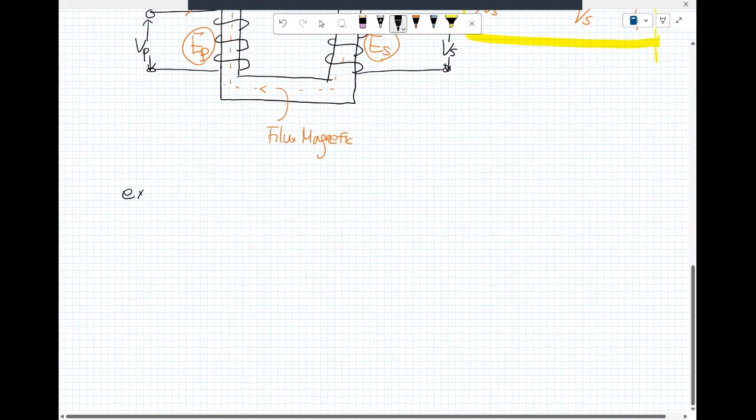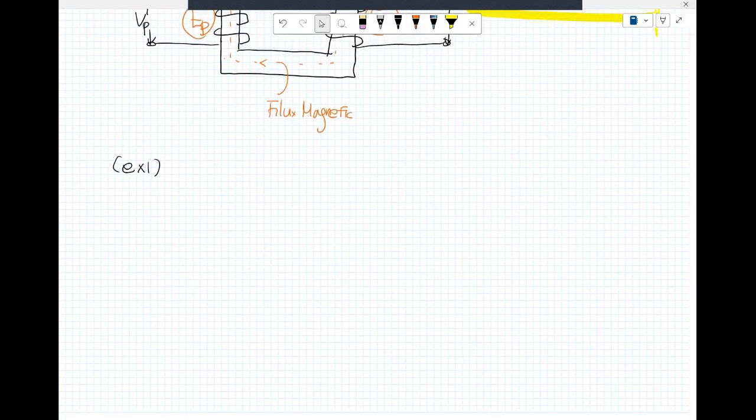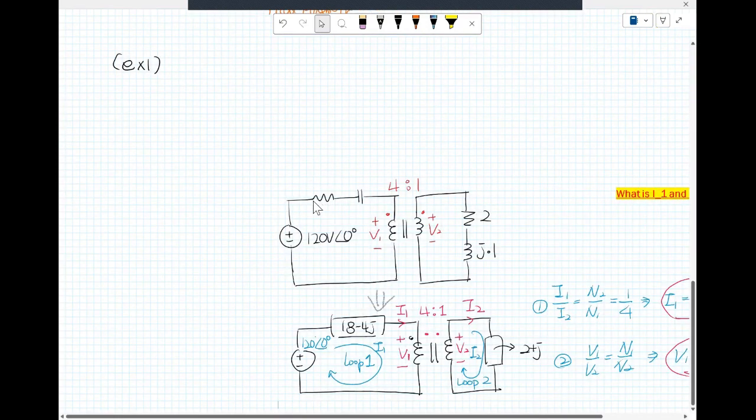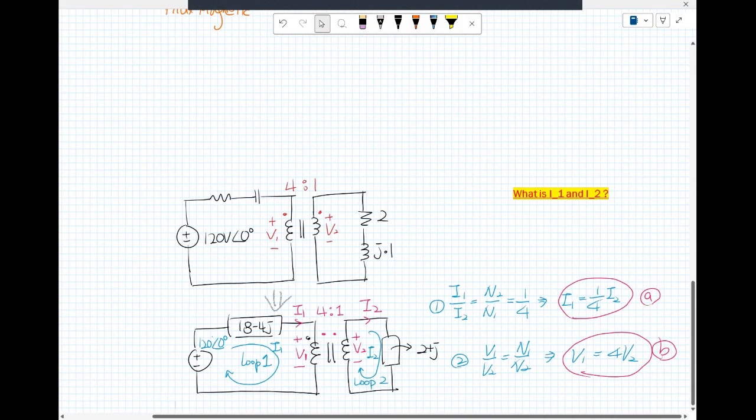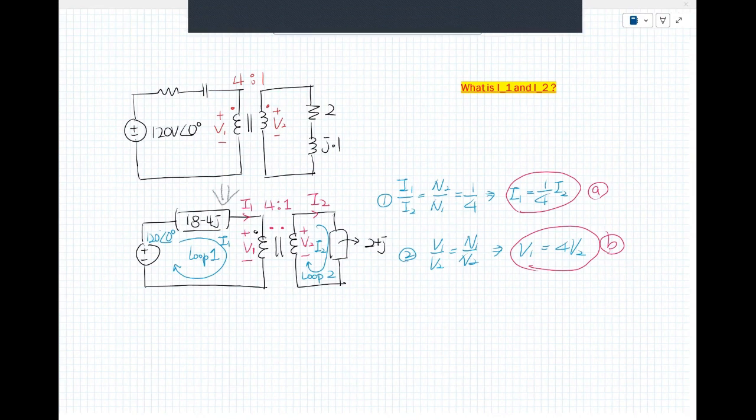Example. Okay, here we go. So now from here, this is the 18 minus 4j.